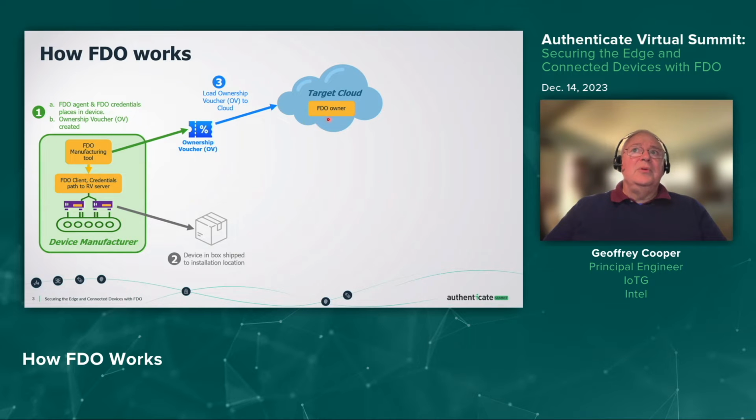How does it get sent to him? Could be sent in an email. It's a self-securing object. Only the target cloud can use it. And then the target cloud will now take that and it will send it to that rendezvous server. So remember, we put that rendezvous server URL into the device. And now the owner will say, "Oh, I have an ownership voucher for this device."